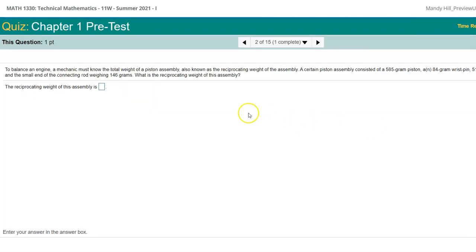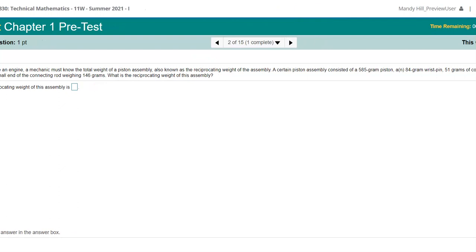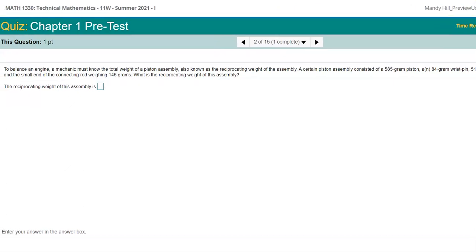Now, I'm not going to work all of these. I just want you to be able to see. To balance an engine, a mechanic must know the total weight of a piston assembly, also known as the reciprocating weight of the assembly. A certain piston assembly consisted of a 585 gram piston, an 84 gram wrist pin, 51 grams of compression and oil rings, and the small end of the connecting rod is 146 grams.